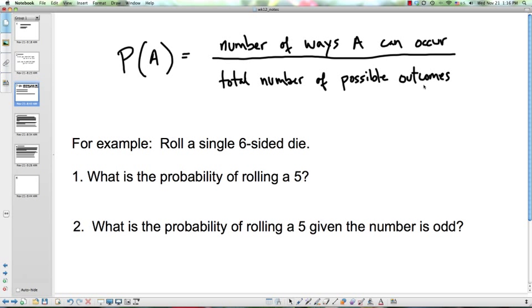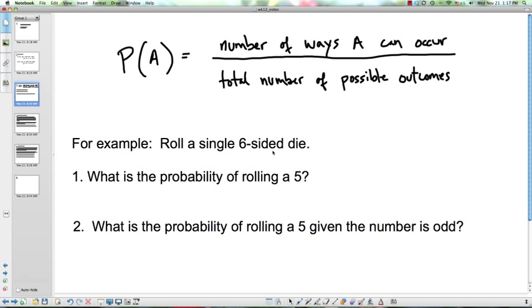We also need to think carefully about the fact that these must be equally likely possible outcomes. And of all of the equally likely possible outcomes, how many of those are in the event that we call A?